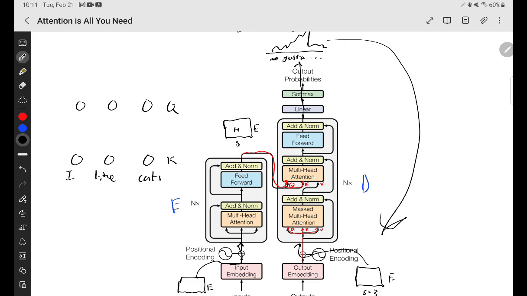If I have something like iCats, it would be the same. Or like cats I, it would be exactly the same representation. It doesn't matter. It doesn't care about the order. So that's a problem.